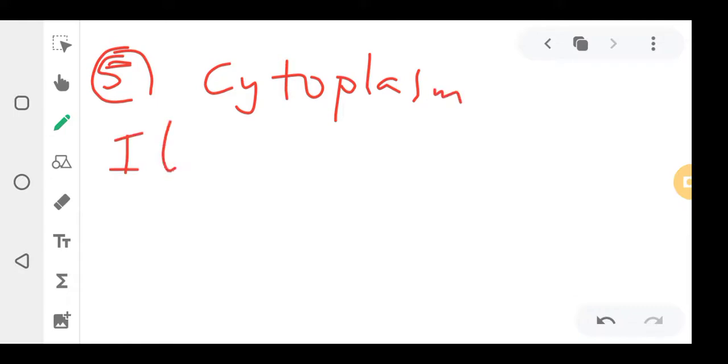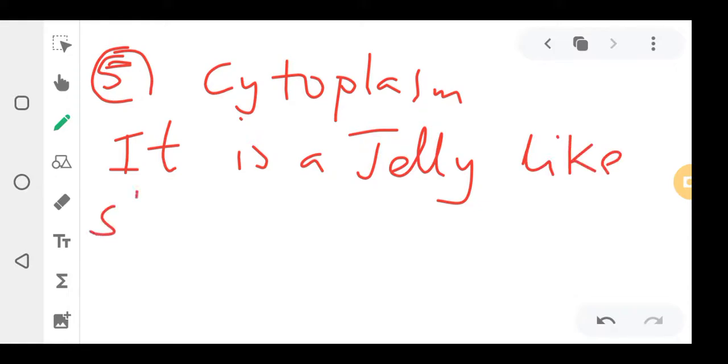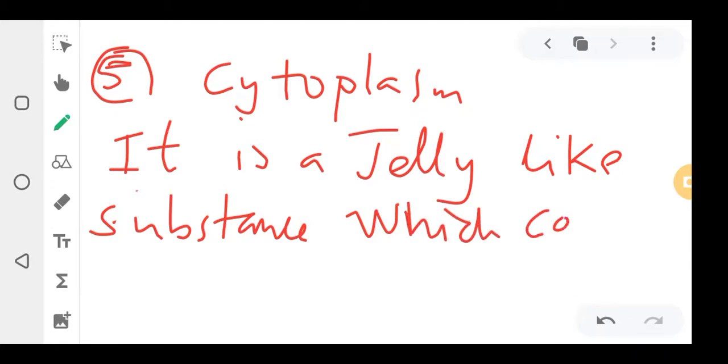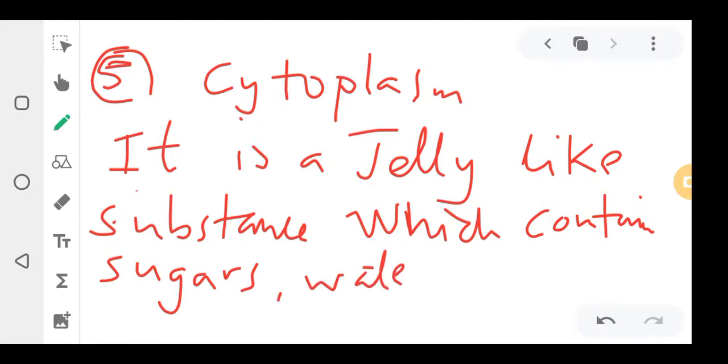Cytoplasm is a jelly-like substance which contains sugars and water.